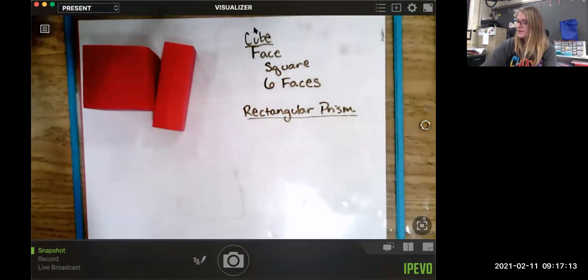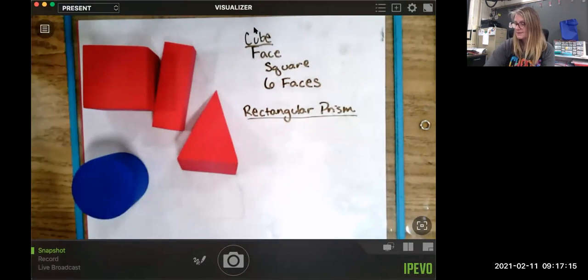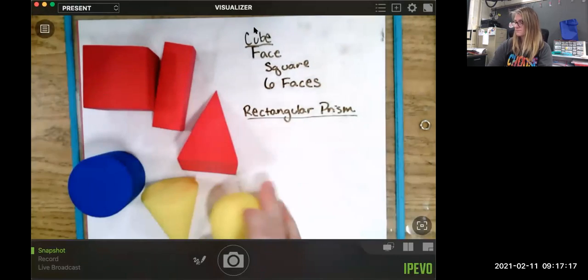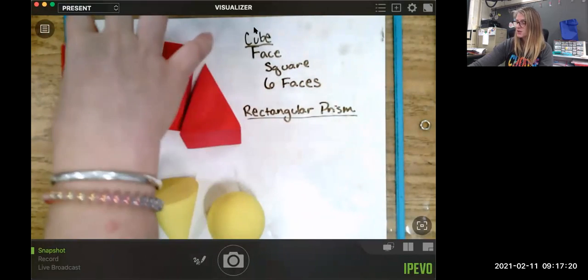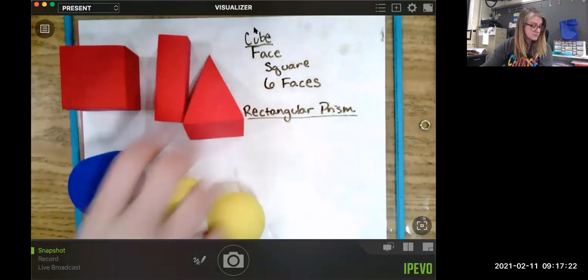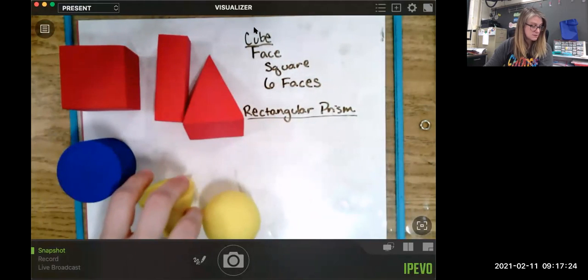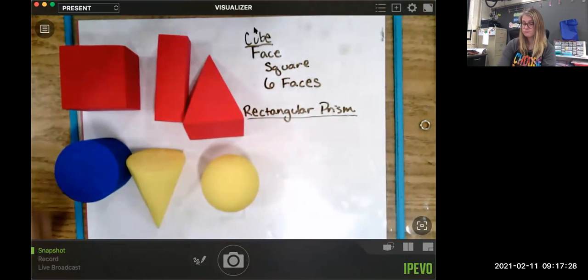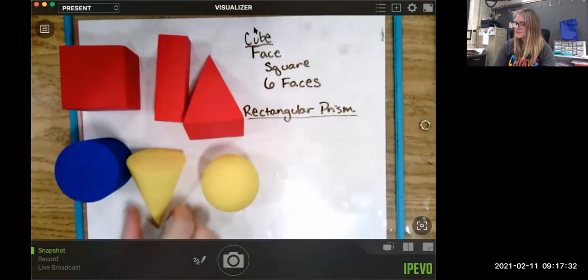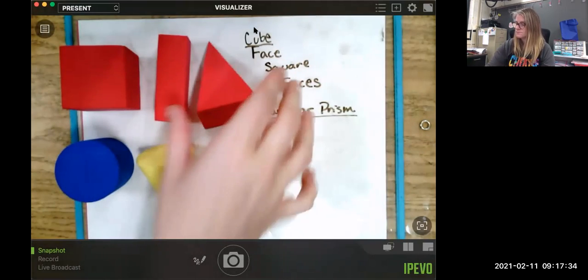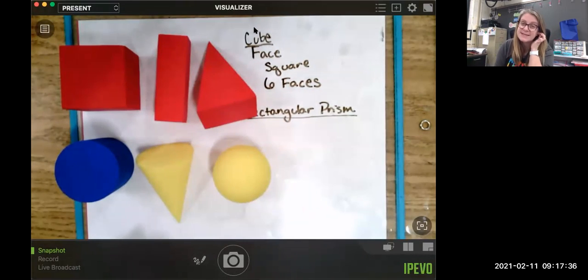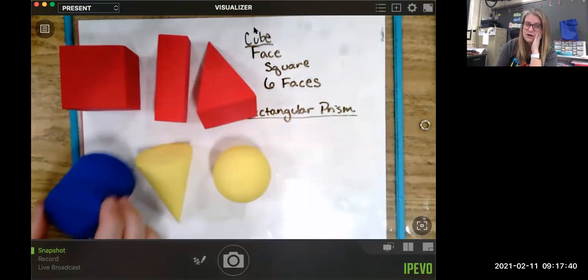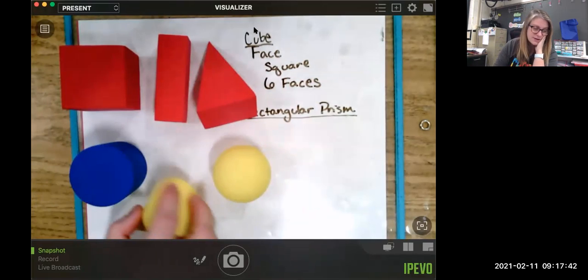Look at your collection of solids again. Which of your solids has no faces? Which of our solids has no faces? So remember, a face is a flat surface on our solid figure.